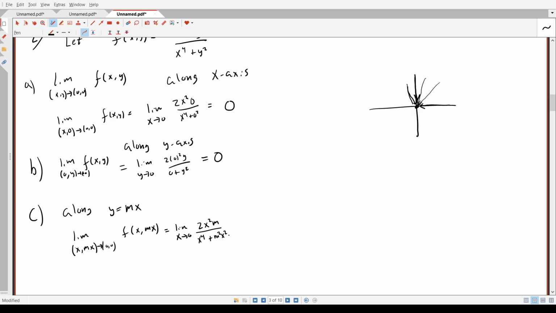So I'll use L'Hopital's rule. So this is going to be the limit as x goes to 0 of, I do the derivative of the top, which is going to be 4xm, and the derivative of the bottom, which is 4x cubed plus 2m squared x. I plug in 0, and again I get 0 over 0. So I do L'Hopital's rule again.